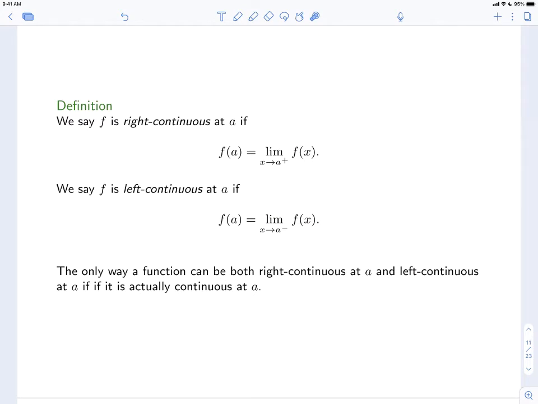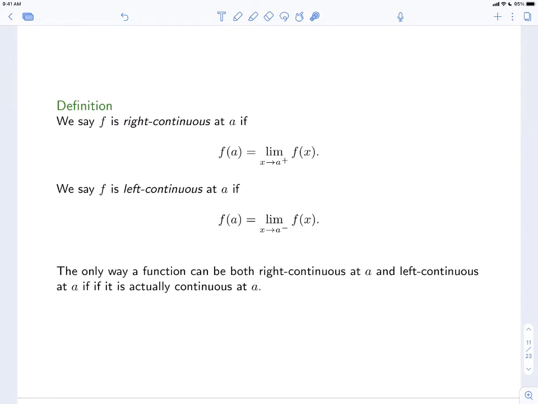We can give these as definitions. A function f is right continuous at a if f at a is defined and equals the limit as x approaches a from the right of f at x. F is called left continuous at a if f at a exists and is equal to the limit as x approaches a from the left of f at x.